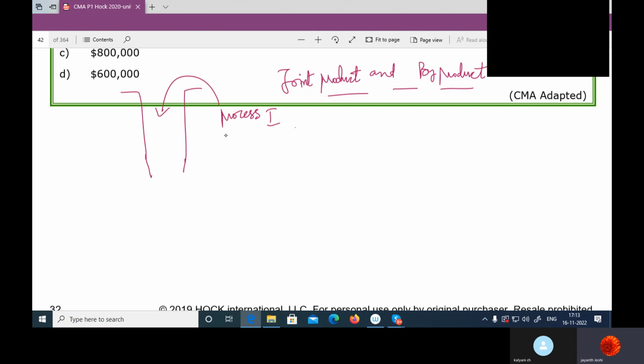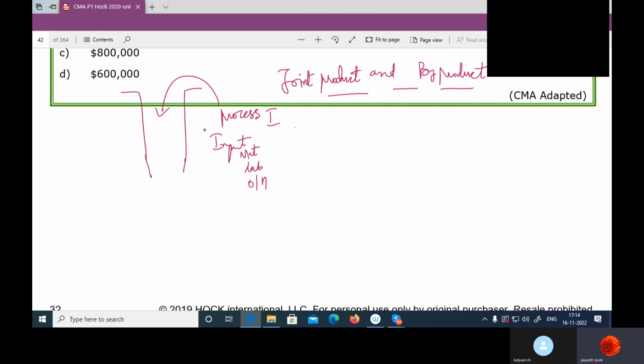In this process you have given some input in the form of material, labor, overhead. You are producing something, and for that you are following some procedure or process. This process is all about converting the raw material into finished good, fine.